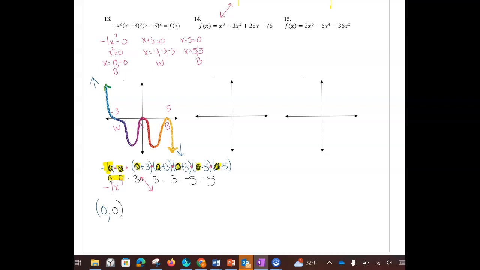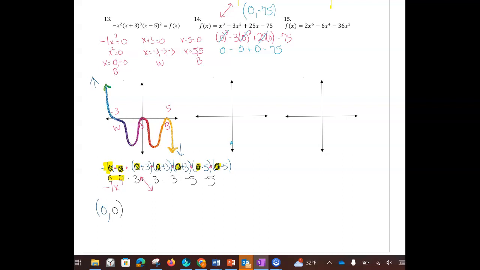I can also see the y-intercept super quick, because on y-intercepts, x is 0, and when I put 0 in for all of these x's, all of these terms, separated by addition and subtraction signs, just become 0, 0, 0, 0. So when I take all the zeros and subtract 75, I get a y-intercept of 0, -75.